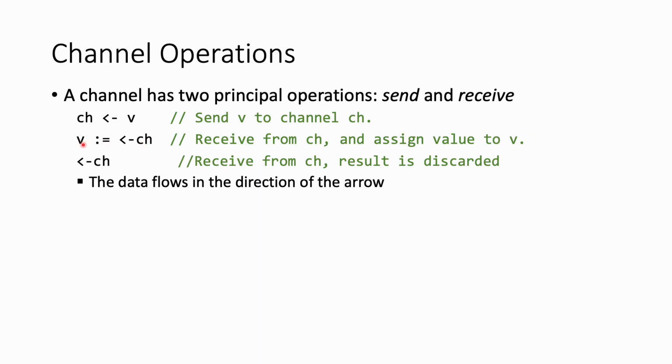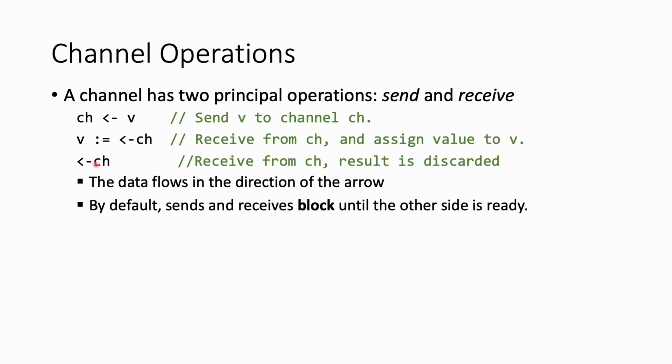It also declares variable v because it's using the colon equal operator. If you write the receive expression alone like this, the value received is discarded.